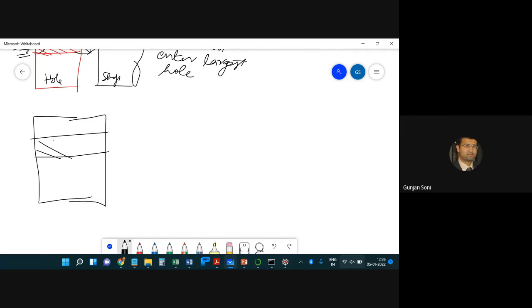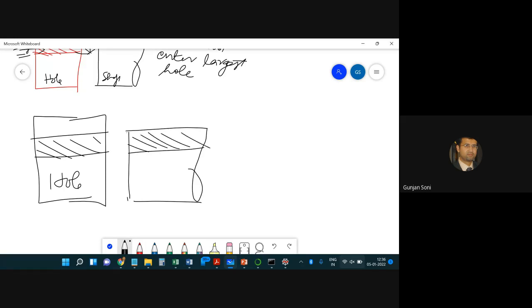Let's say this is the tolerance on hole, and the corresponding tolerance on shaft would be somewhat like this. So what you may achieve over here is that at times the hole may be slightly bigger than the shaft, so then you'll get a clearance fit.